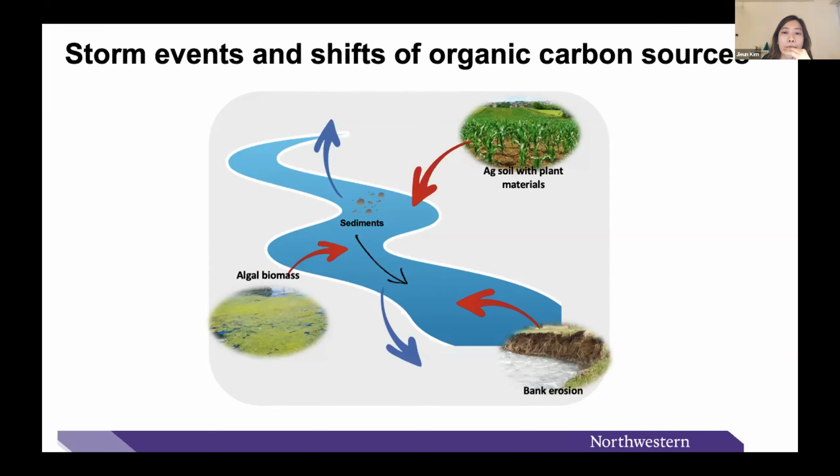So my research involves assessing the biogeochemical changes of the sediment compositions during storm events so that we can better understand the roles of rivers as well as hydrological events on the dynamics of carbon.